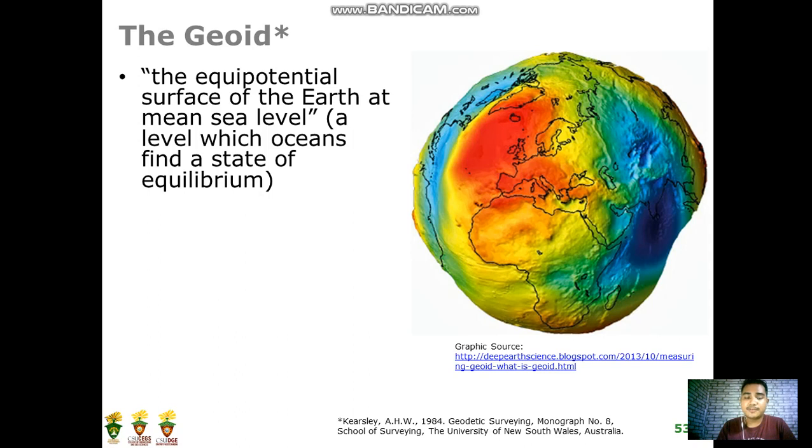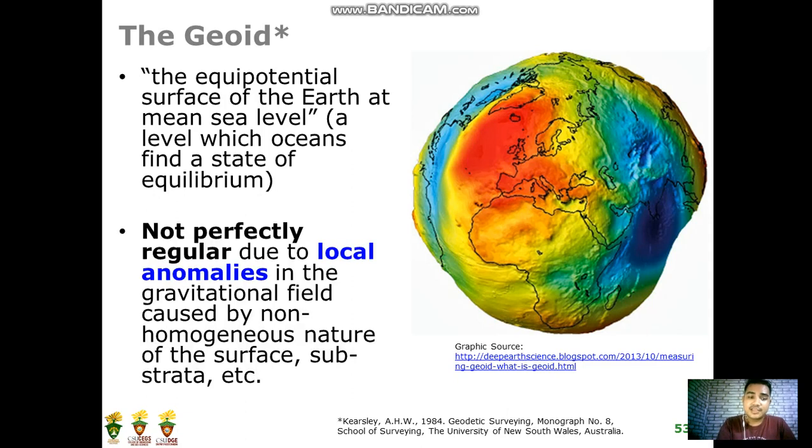Continuous observation para lang makakuha ka og mean sea level. And from that mean sea level, i-extend na nimo padulong sa imuha sa landforms, then mao na siya ma-form nga geoid. So geoid is not perfectly regular due to the local anomalies in the gravitational field caused by non-homogeneous nature of the surface and substrata.